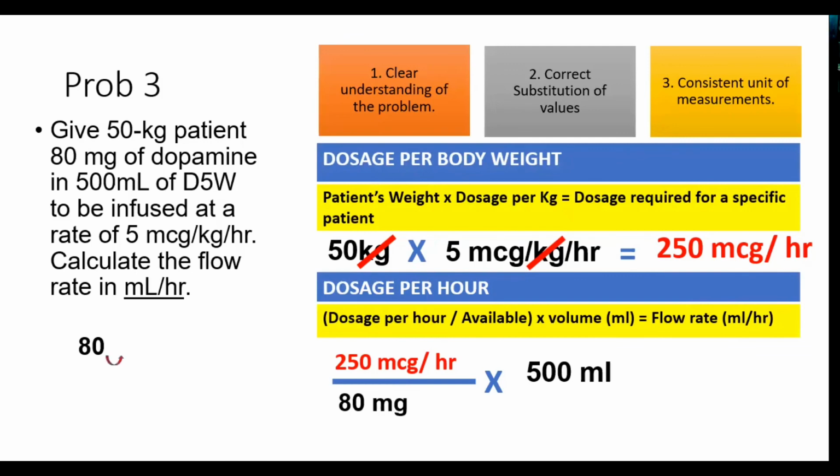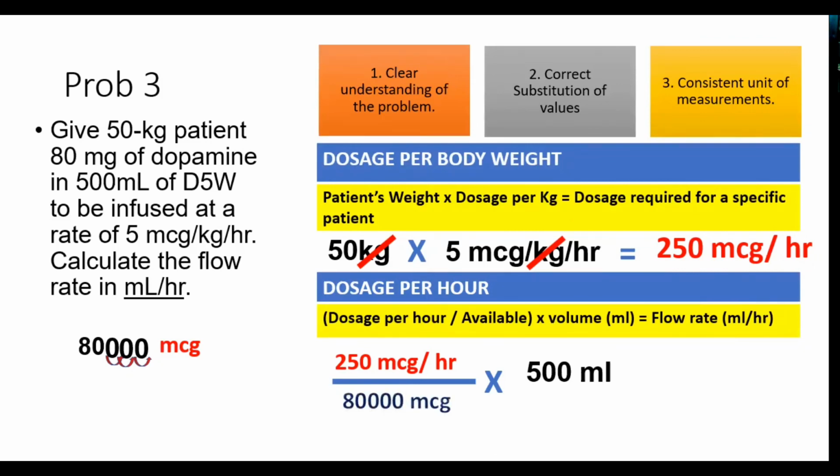So 80 milligrams, to be converted to the next smaller unit, microgram, we need to move the decimal place 3 times to the right or multiply it by 1,000, which will give us 80,000 microgram as the equivalent of 80 milligrams.